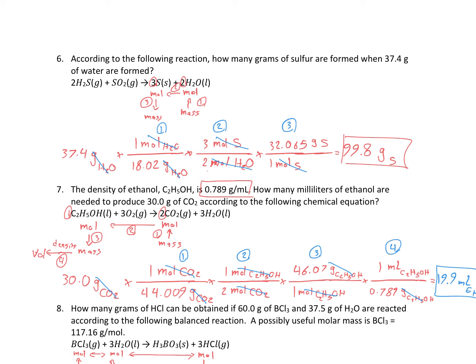So 2 moles of water equal 3 moles of sulfur. That's your second step. The third step is using the molar mass of sulfur, which is 32.065 grams of sulfur per 1 mole of sulfur. So we can get rid of moles of sulfur and end up with grams of sulfur. Since the units match, the rest is just putting these numbers in your calculator and finding the answer, which is 99.8.